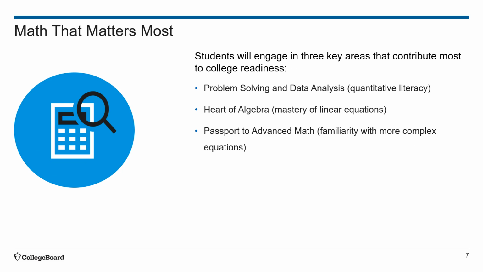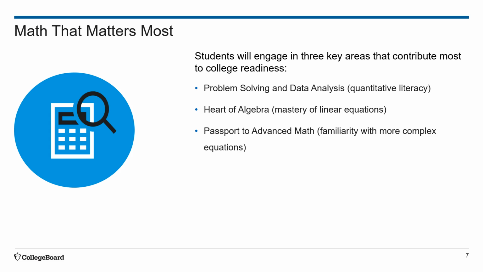The assessments focus in depth on three essential areas of math: problem solving and data analysis, heart of algebra, and passport to advanced math. Problem solving and data analysis is about being quantitatively literate. It includes using ratios, percentages, and proportional reasoning to solve problems in science, social science, and career contexts.